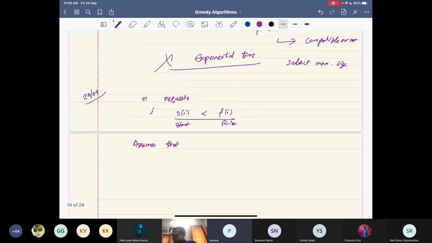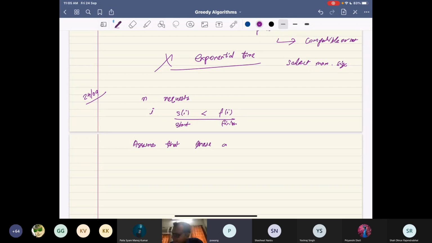So now assume that these activities are sorted in terms of the finish time. So we have the activities A1, A2 up to An, such that F1 is less than or equal to F2, and so on.